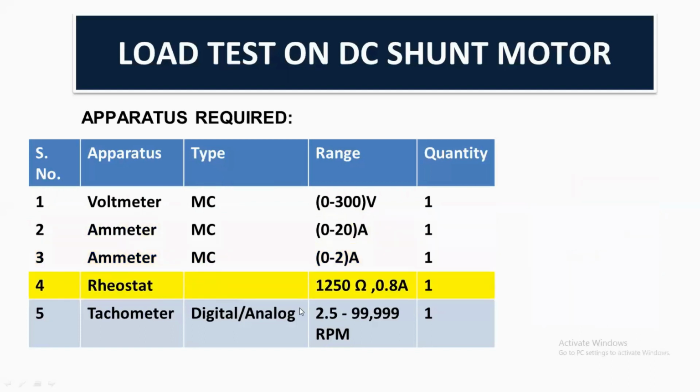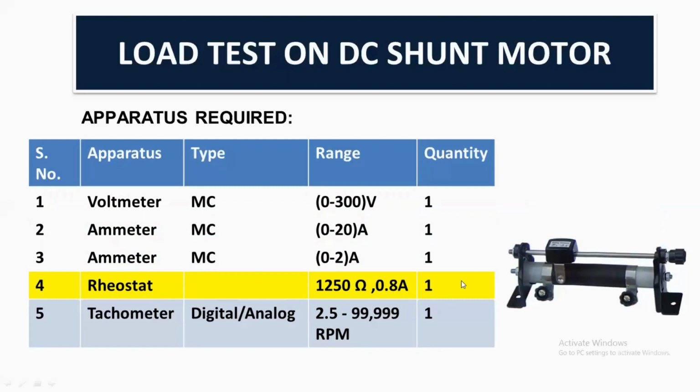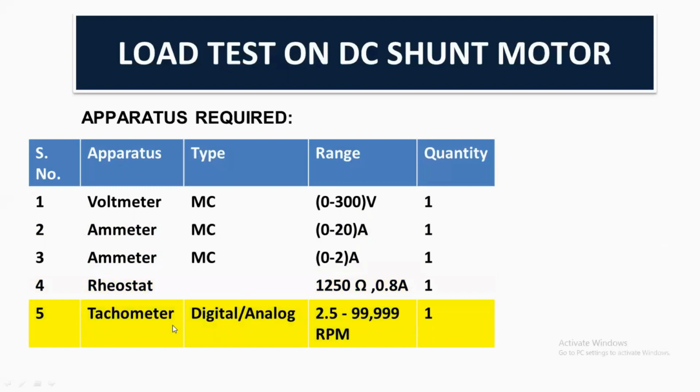Then rheostat, the rheostat of more than 1000 ohm, nearly 0.8 ampere. This is our required rheostat. Then tachometer. The purpose of the tachometer is to measure the speed. It may be digital or analog tachometer.